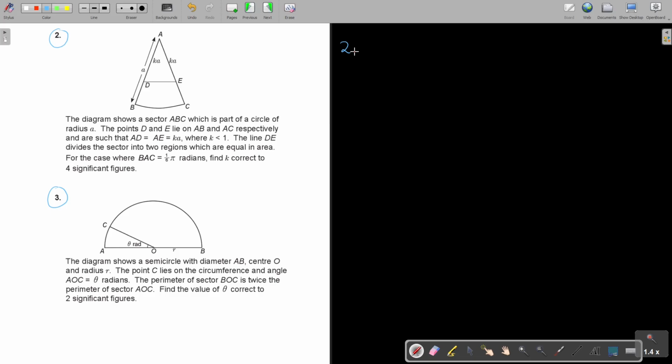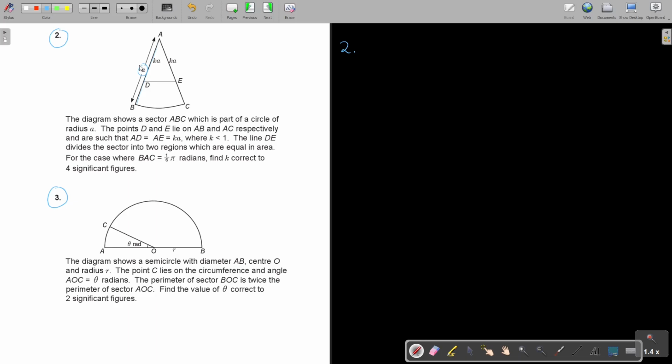The diagram shows a sector ABC, which is part of a circle of radius A. So don't forget, the radius is A. The points D and E lie on AB and AC respectively, and are such that AD equals AE equals KA, where K is smaller than 1.